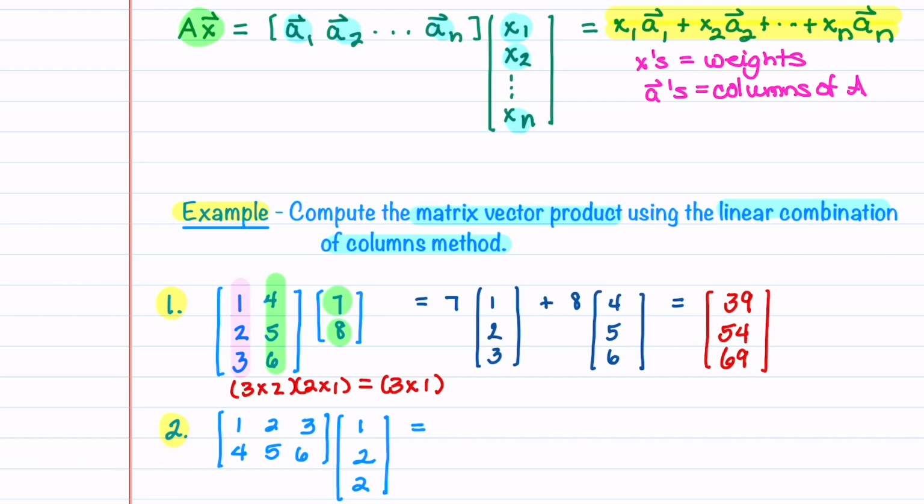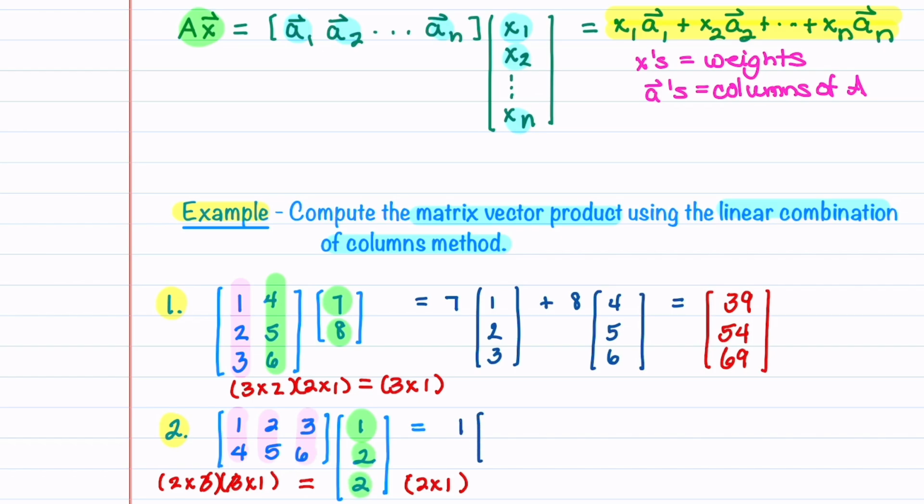Let's start by finding out what the size of our answer will be. We have a 2 by 3 matrix multiplying a 3 by 1 column vector, and that's going to give us an answer that will be 2 by 1. We're going to multiply X1 times our first column plus X2 times our second column, and then X3 times our third column.